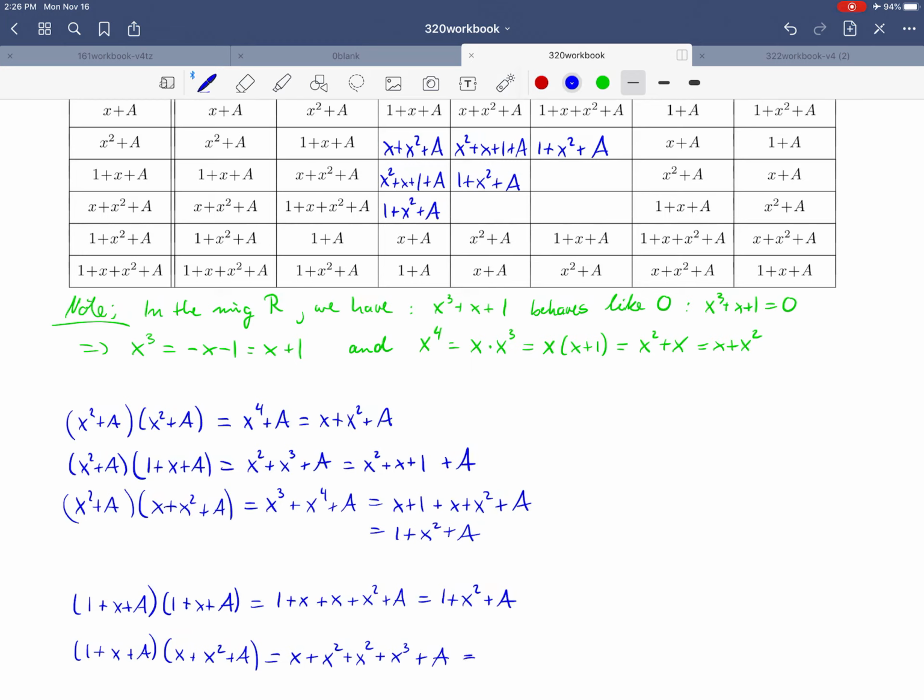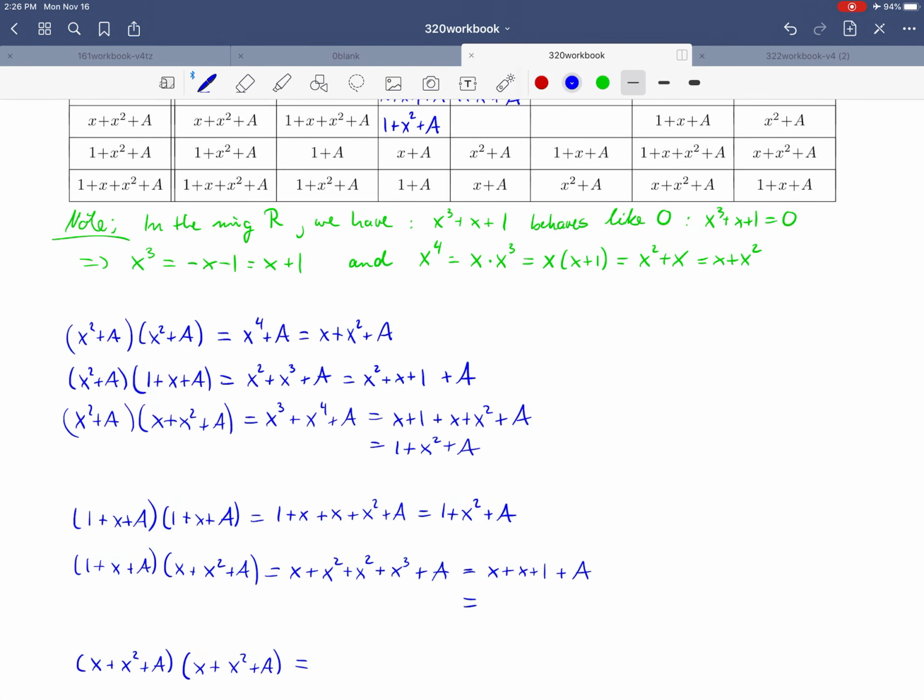We are left with x plus x cubed, but x cubed can be replaced with an x plus 1. And then we still have our plus a. And x plus x is 0. So we are ending up with just 1 plus a for this entry right here. So we have 1 plus a.